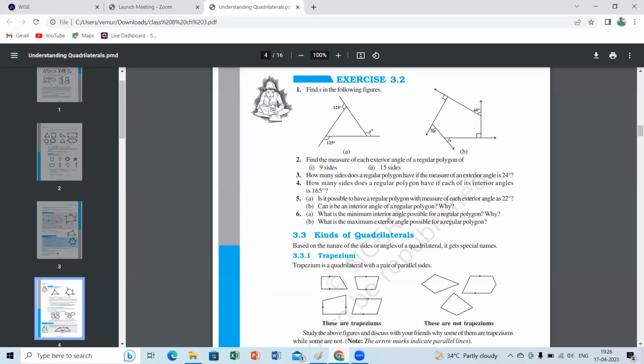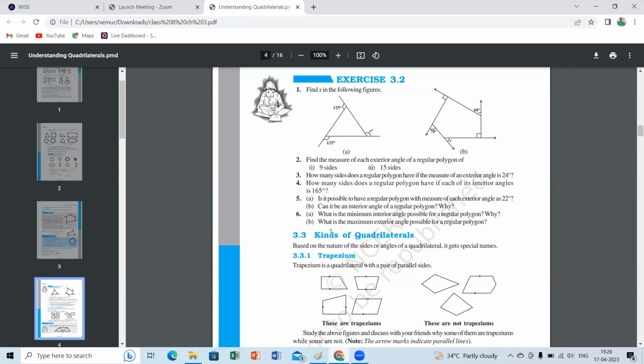Interior angle is 22, so exterior is 158 degrees. Is 360 divided by 158 a whole number? No, ma'am. It's not a natural number. So can it be an interior angle of a regular polygon? No. You can write your own justification. They can ask you such questions, students. The concept is the same. The questioning is different. That's all.